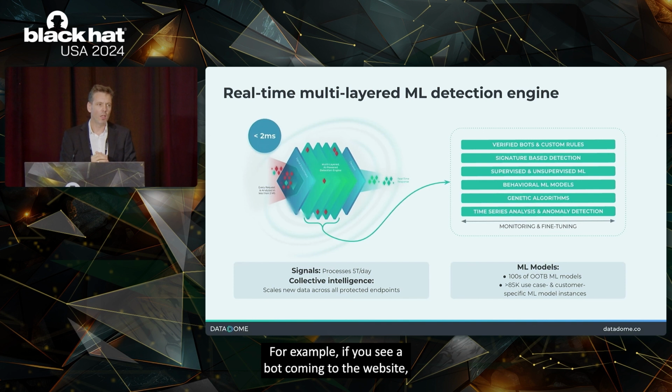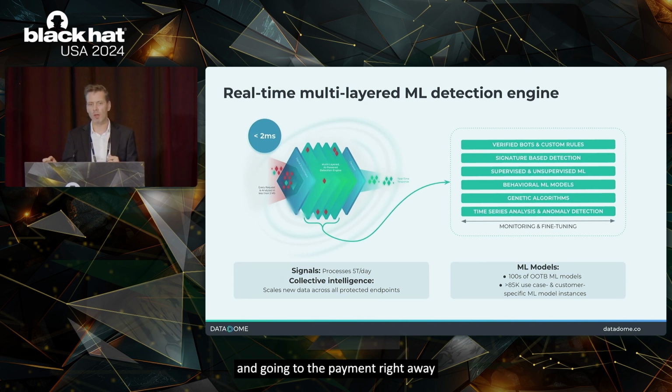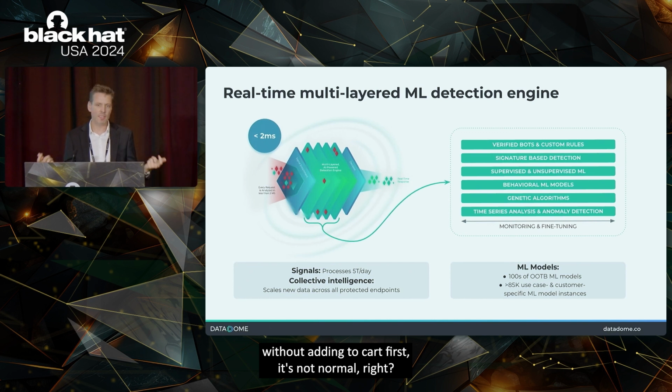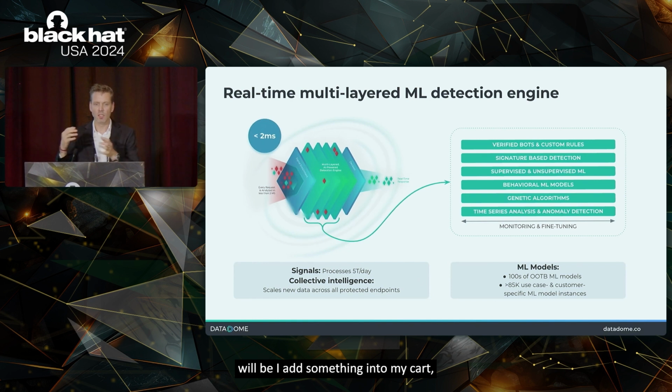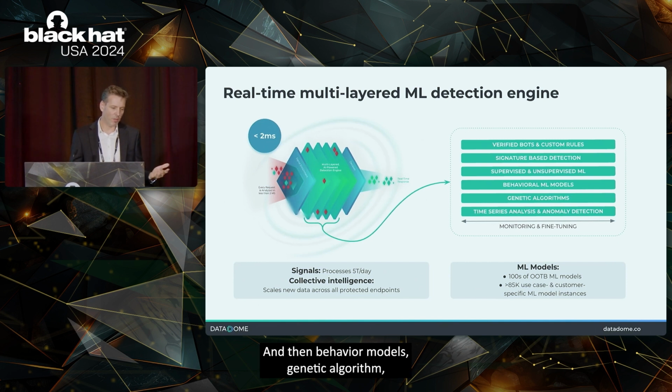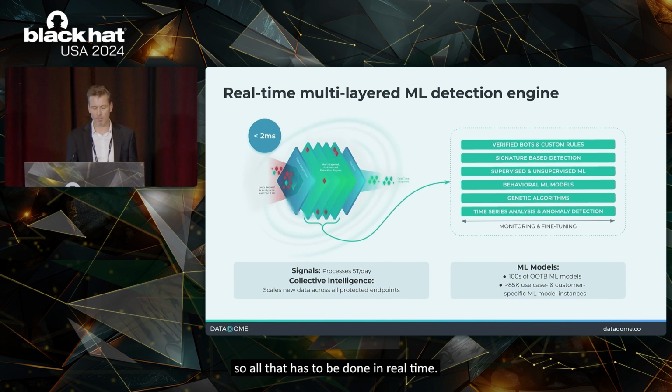For example, if you see a bot coming to the website and going to the payment right away without adding to cart first, it's not normal, right? The normal journey of visitors on the website will be, I add something into my cart, and then I go to the payment. So always validate that the journey of the visitor makes sense. And then behavioral models, genetic algorithm, time series, detect outliers, and so on. So all that has to be done in real time.